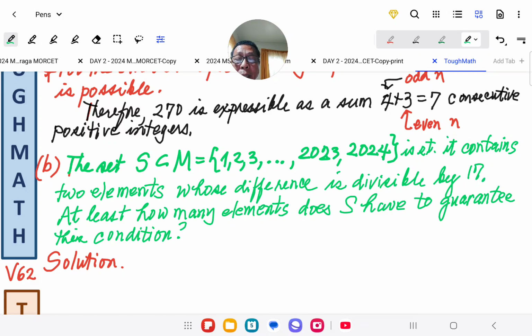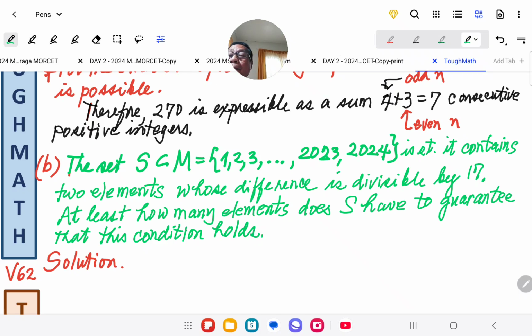At least how many elements does S have to guarantee that this condition holds?